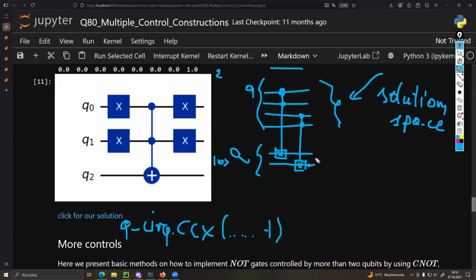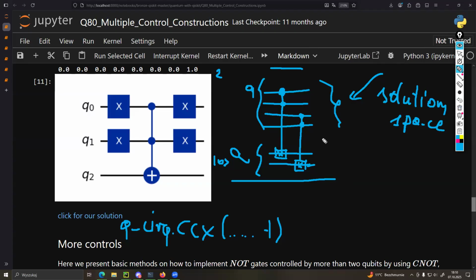So what you do here is store in auxiliary qubits the temporary result of your calculation. So this holds. Everything that I said holds here.